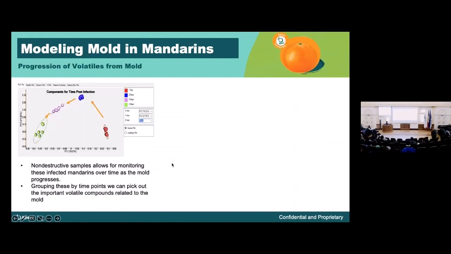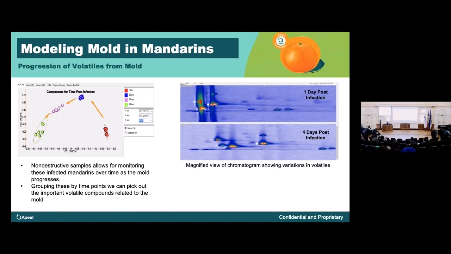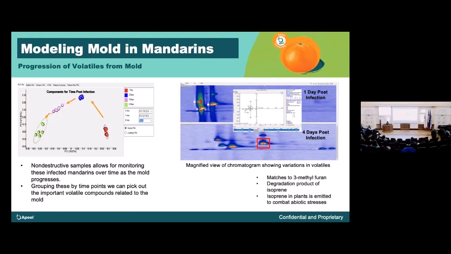What we also could do was model how this actually occurs. And so we would go from initial time to 1 day, 2 day, 3 day, and we could see what happens to these volatiles as the infection increases. If we look at our chromatogram, this is 1 day, and the bottom is 4 days post infection, and we can hone in on this one here, and it matches to a 3-methylfuran compound.